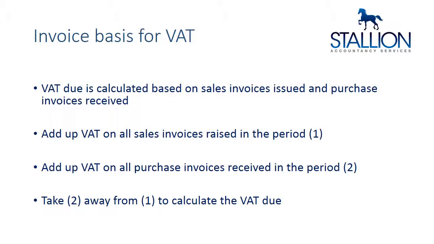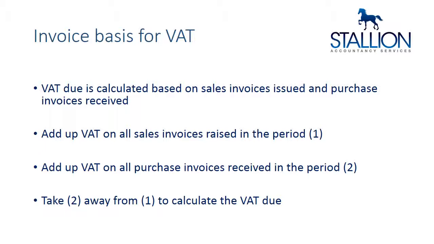Under this method, you add up the VAT on all the sales invoices raised in the period. You also add up the VAT on all the purchase invoices received in the period. And as you can see, you take number 2 away from number 1, and that gives you the VAT liability that is due.